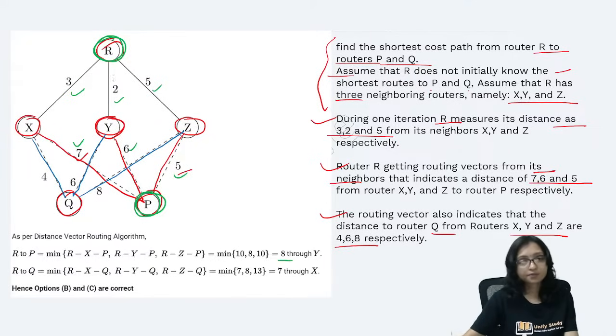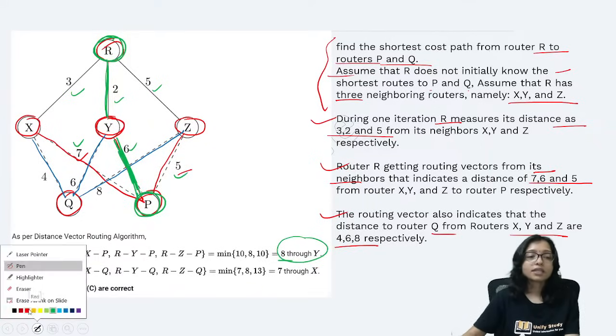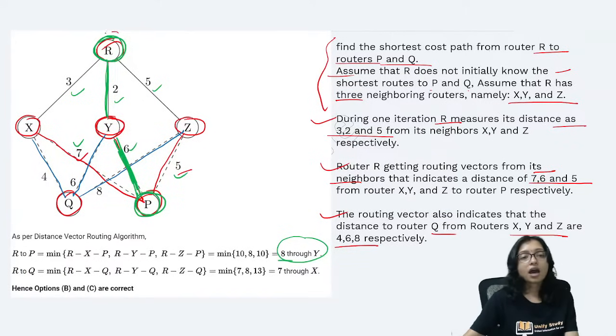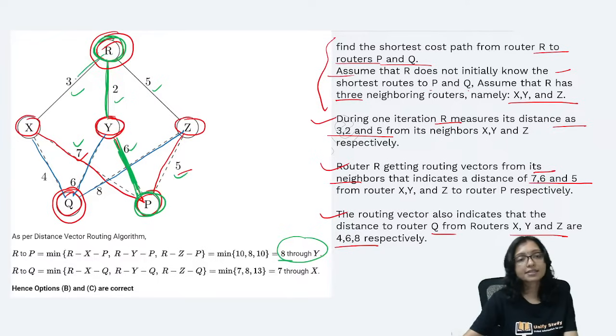That is, I can go from R to Y, then Y to P. That is 8, the smallest distance. If I try to find the distance from R to Q, what is the shortest distance? The R to Q shortest distance I can get in different ways, but the minimum one is through X, that is 3 plus 4, 7.